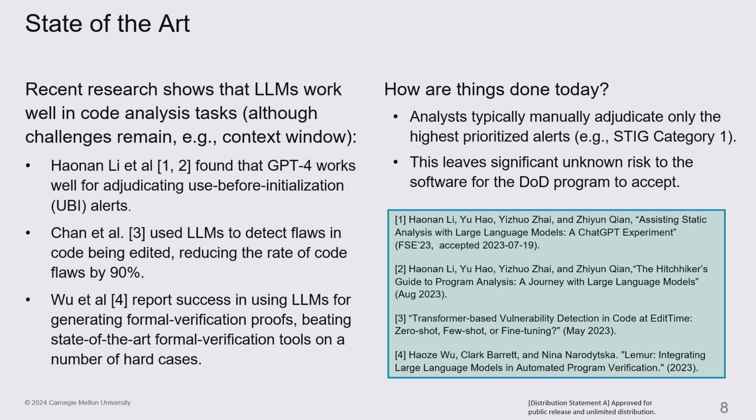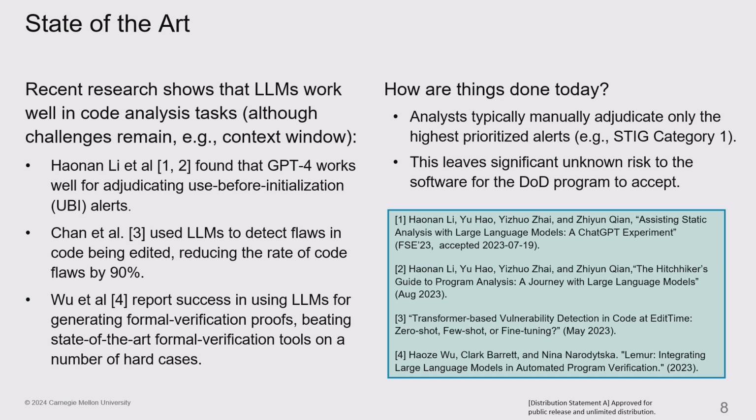Another set of researchers used LLMs to detect code flaws in code being edited, and that reduced the rate of code flaws by 90%. And another set of researchers report success using LLMs to generate formal verification proofs, beating state-of-the-art formal verification tools on a number of hard cases.